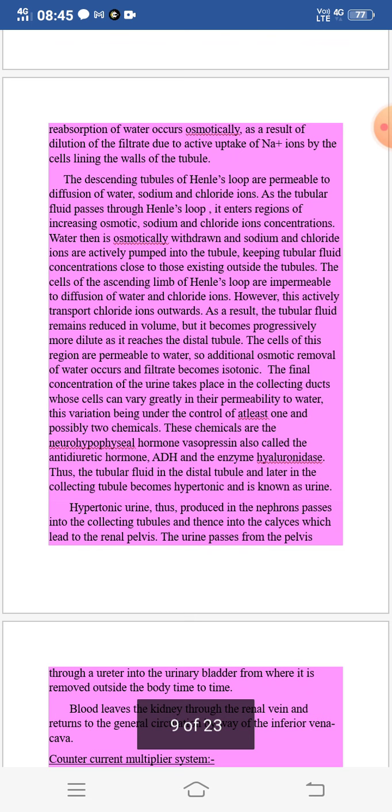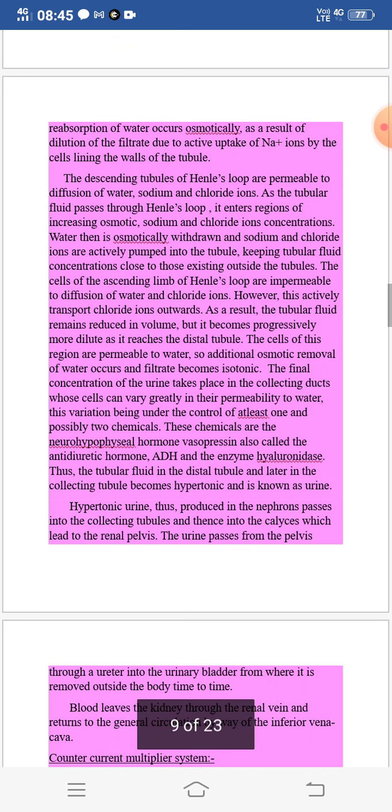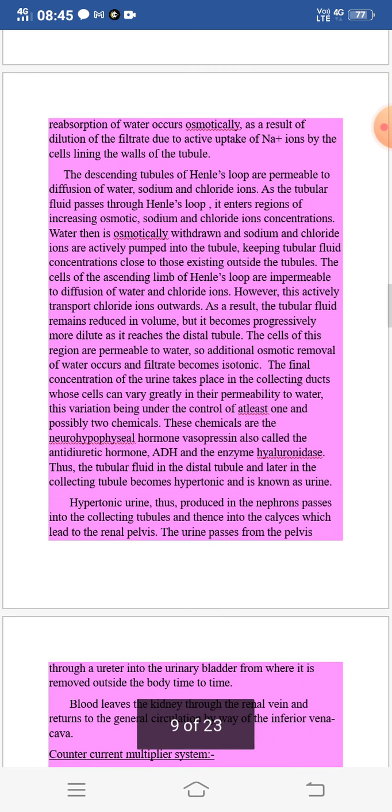The cells of this region are permeable to water, they can absorb more water, and so additional osmotic removal of water occurs and the filtrate becomes isotonic. From the DCT, when the urine enters the collecting tubule, from a hypotonic medium it gets converted into the isotonic medium by removing the extra amount of water, and the filtrate becomes isotonic in nature in the collecting tubule.